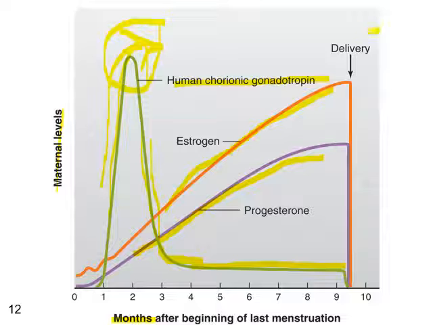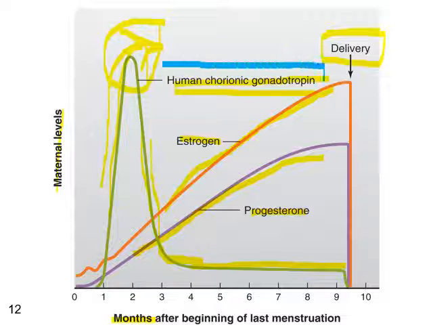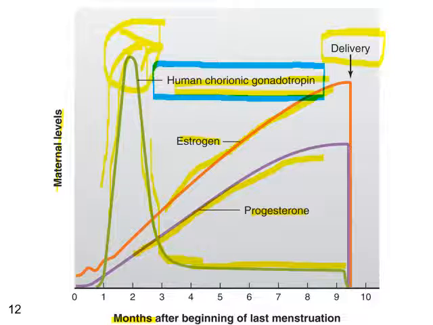At delivery, the levels of all three of these hormones, progesterone, estrogen, and human chorionic gonadotropin, are going to fall dramatically. By the way, you may already know this, but it is human chorionic gonadotropin that is the hormone that is detected in the pregnancy tests.